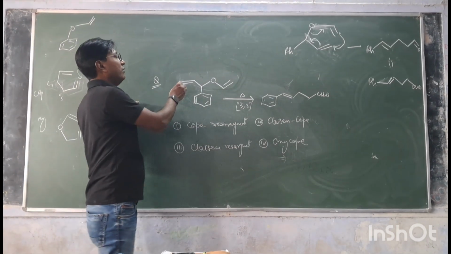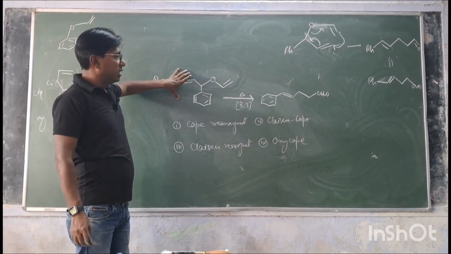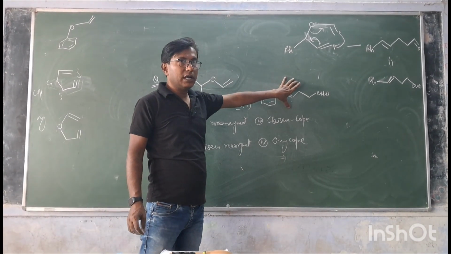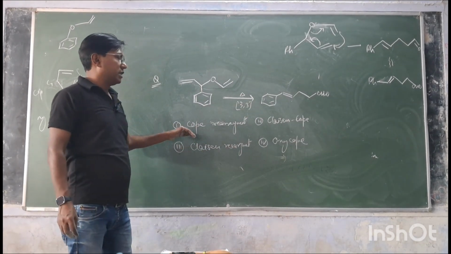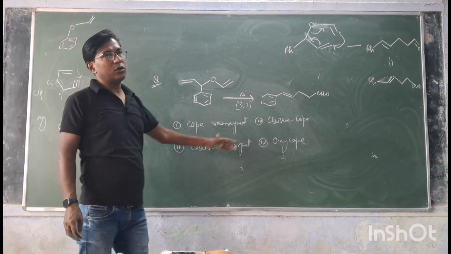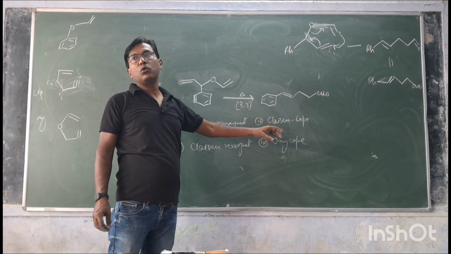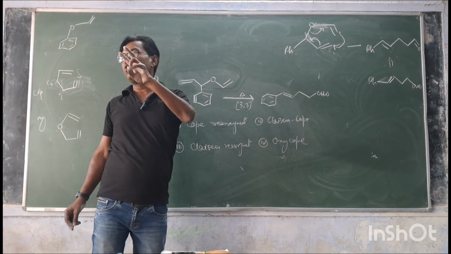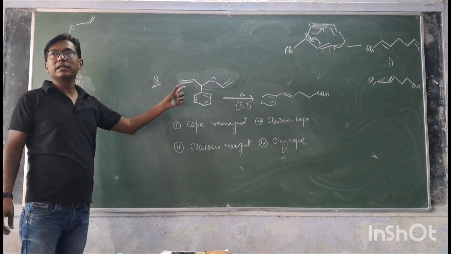In this question, we have been provided with a product, and with this reactant, if it is generating this product, then we have to guess what type of reaction this is. The options are Cope rearrangement, Claisen rearrangement, and oxy-Cope rearrangement. For answering this, we need to look at this problem in two ways. One is to identify by seeing the reactant.